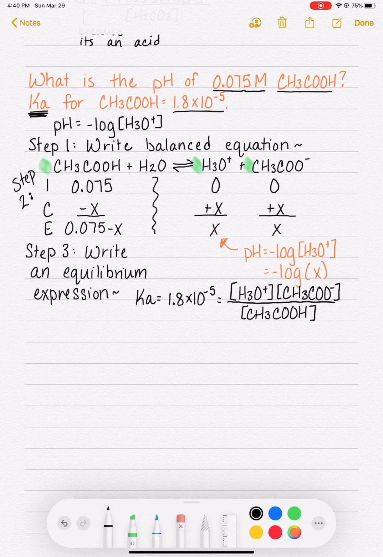Let's plug into the equilibrium expression the stuff that we have at the end of the reaction.